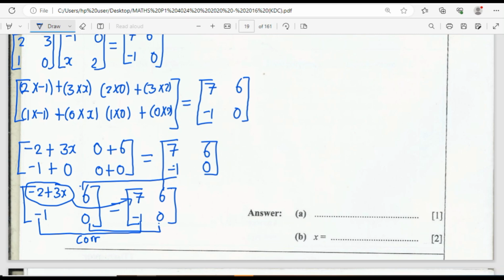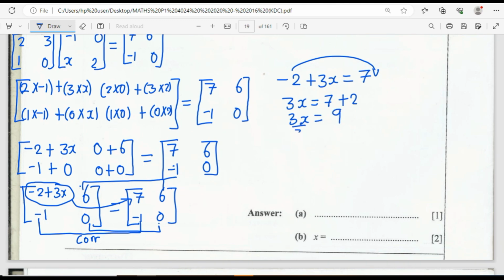So negative 2 plus 3x is equal to 7. Then let's collect the like terms. So this will shift to this side. 3x is equal to 7 plus 2, which is 9, over 3 over 3. So x is equal to 3.